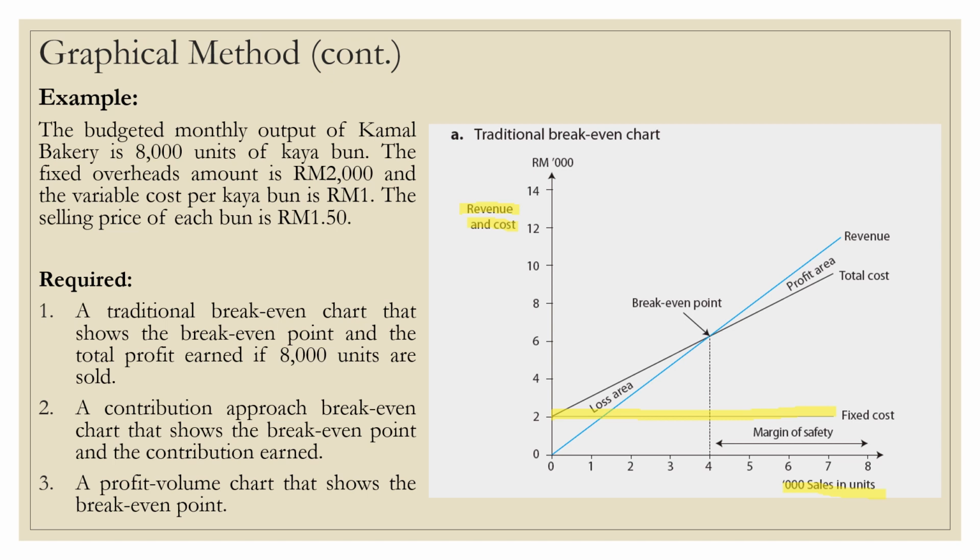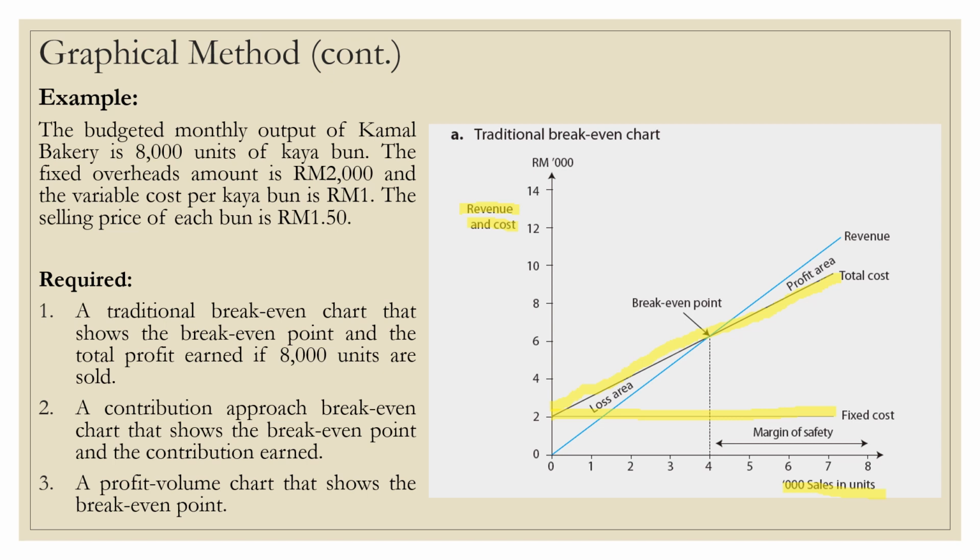For the total cost, you add the variable cost because the cost is increasing based on the production. So for the total cost we need to plot only 2 points: the total cost at zero output and the total cost at the budgeted output and sales.